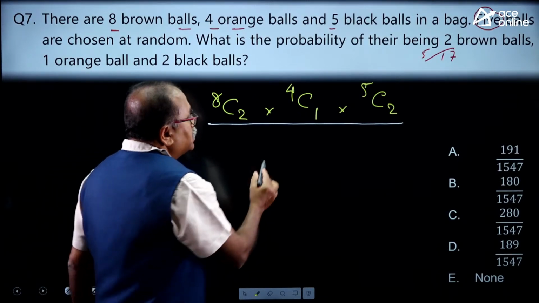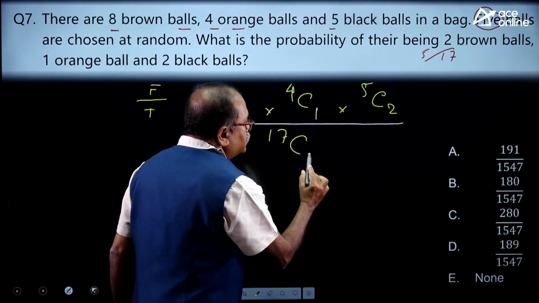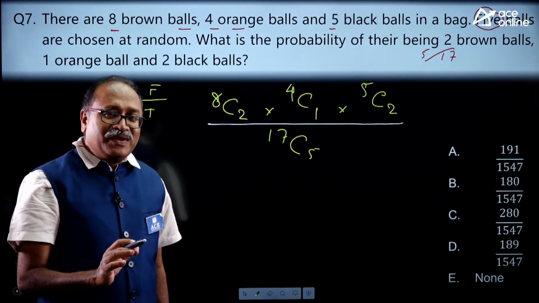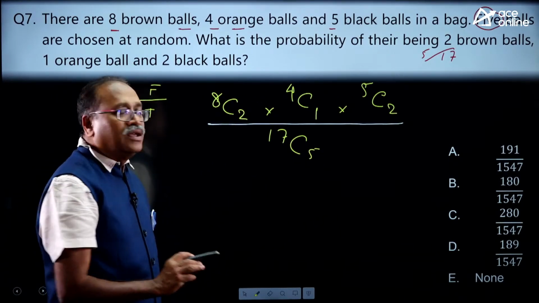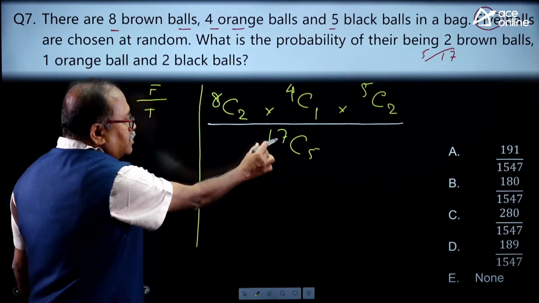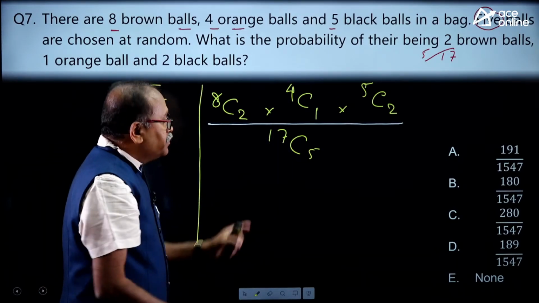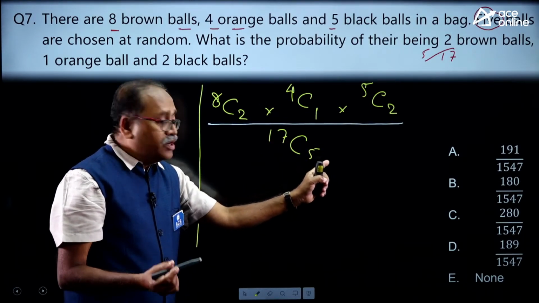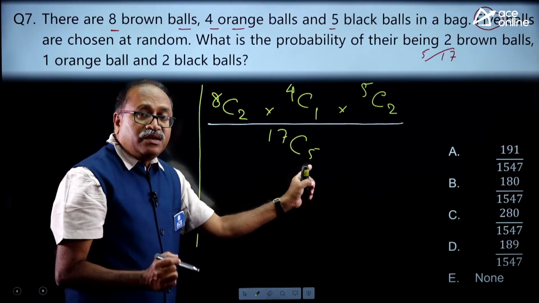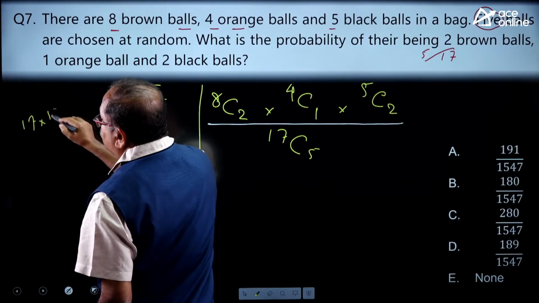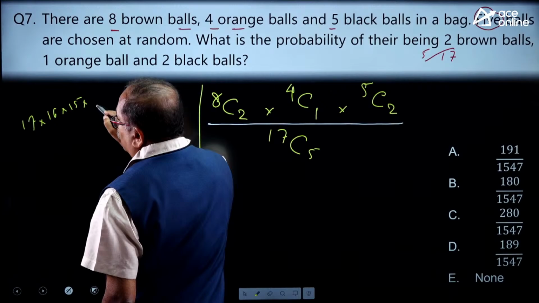So some calculation is there over here, 17C5. Right, my friends? Now answer the question. Some of you have a problem finding out this value, that is 17C5. So I will take the 5 numbers from 17 downward, divided by 5 factorial. That comes in this way, that is 17 into 16 into 15 into 14.